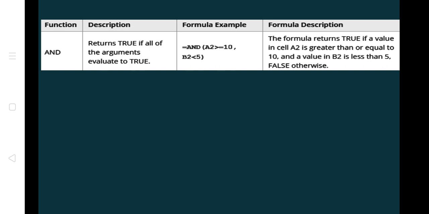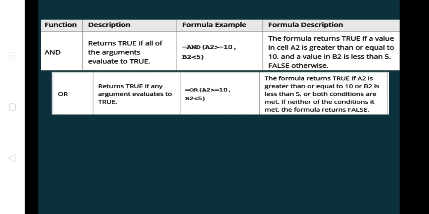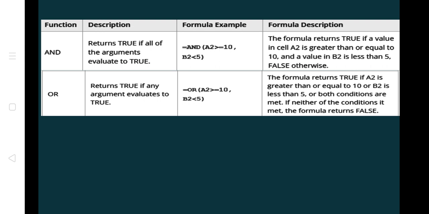This is mainly used in the decision making process. For example, when creating a grade for a student, we can use marks greater than or equal to 40 and less than or equal to 100, then it is pass. Like that, we can assign grades using the AND function.